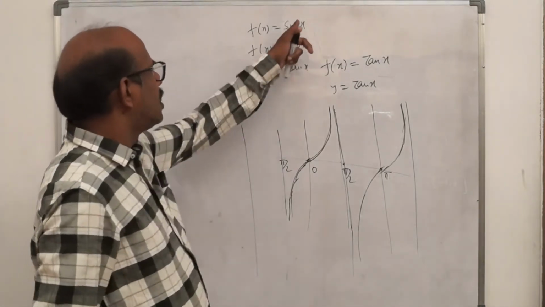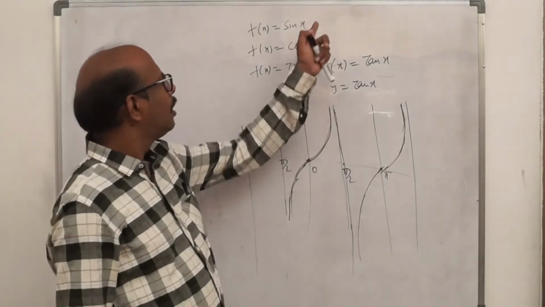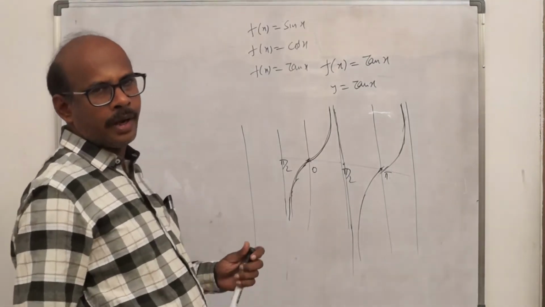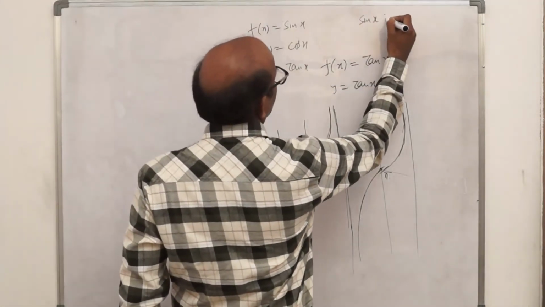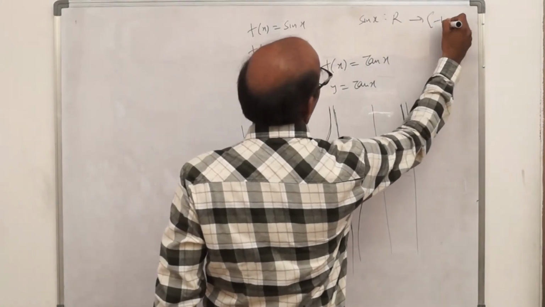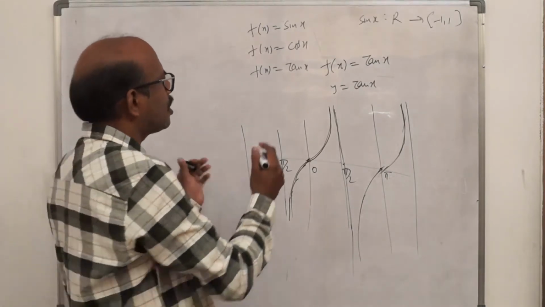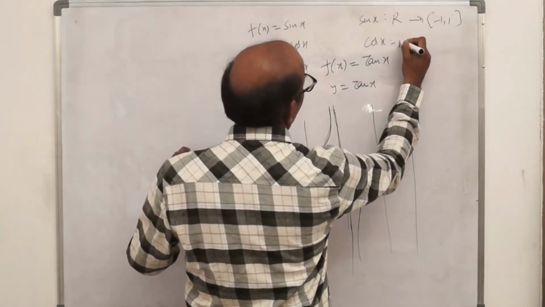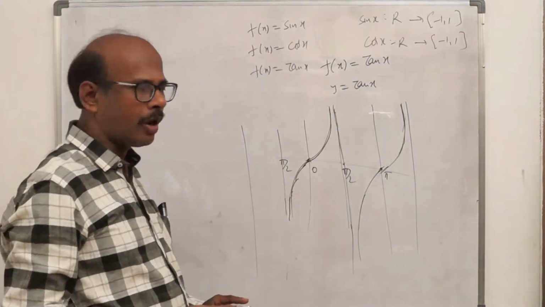Once again, the sin x function has domain R, the boundaries of the x-axis, and the range is -1 to 1. So sin x is a trigonometric function mapping from R to -1 to 1.